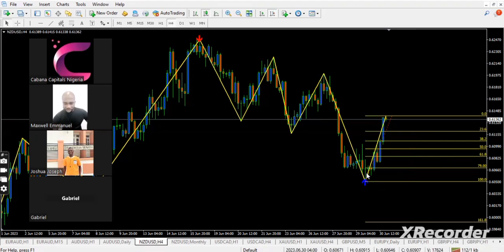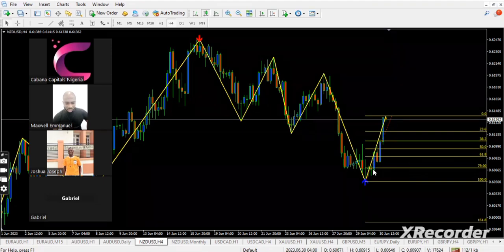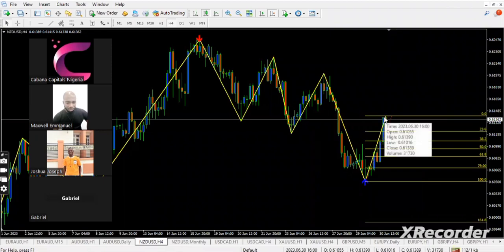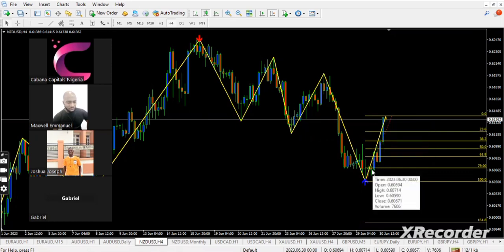Let's assume at this point, New Zealand USD was sold for 100 Naira. Now it is selling for 500. Why would you want to buy at 500, when you knew that a few days ago or a few weeks ago, it was sold for 100 Naira? So if at all you want to buy, wait for price to pull back.